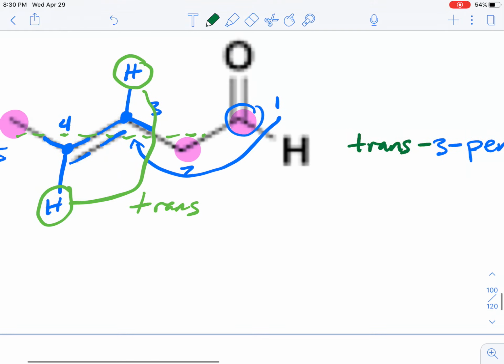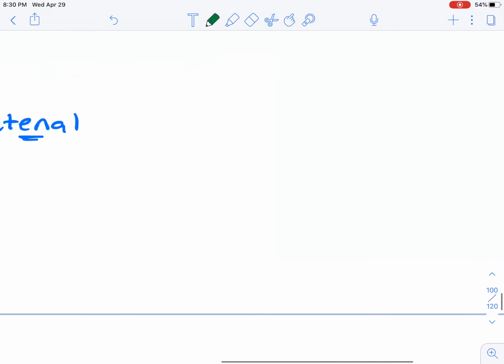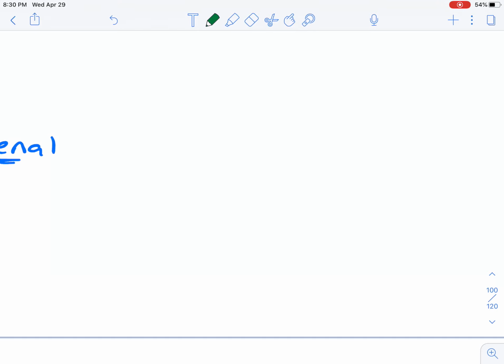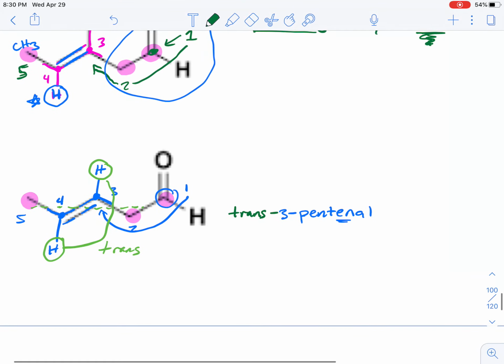And so some of you guys might think, okay, well, what does this cis look like? And so if you have, let me zoom out here. So if you have a cis, then you have something that looks like this.